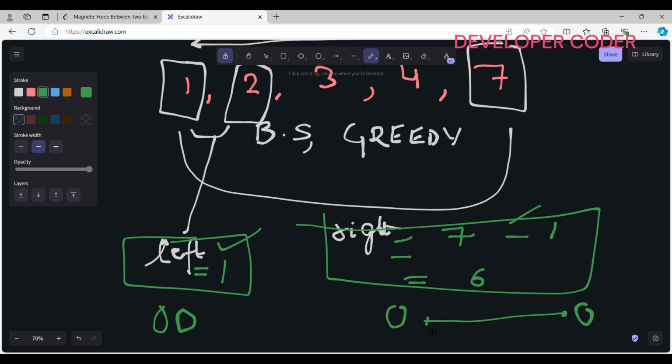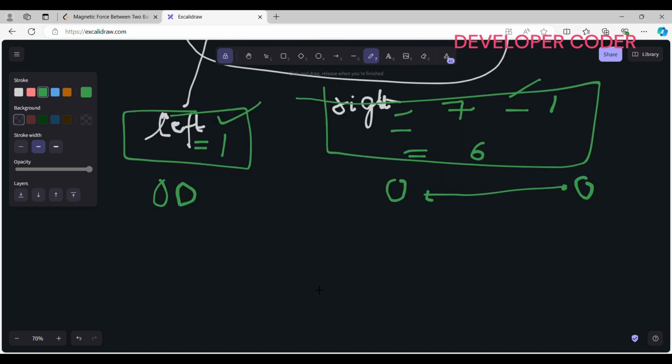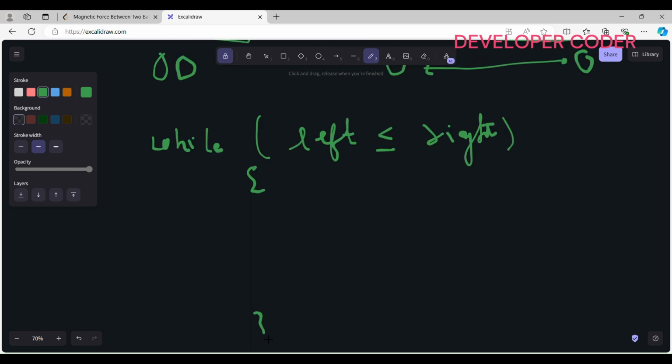So now after that, we have to run one while loop, while my left is less than or equal to my right. Inside that, I have to first find the mid.